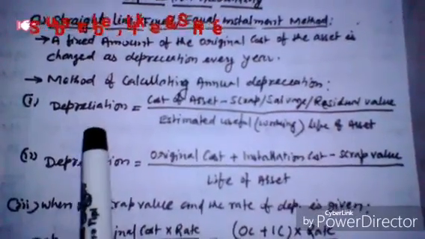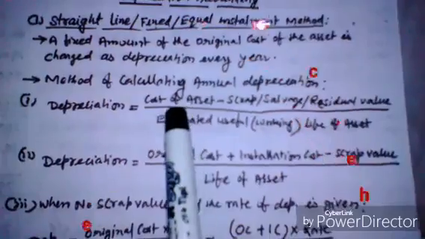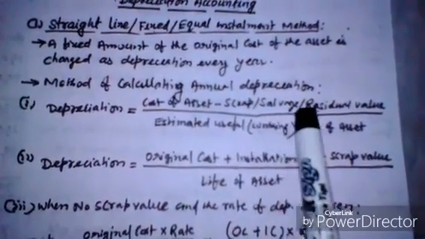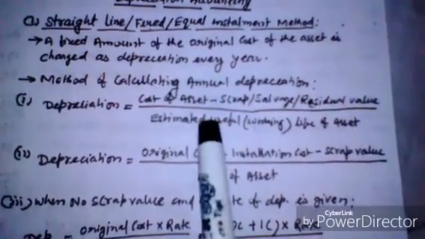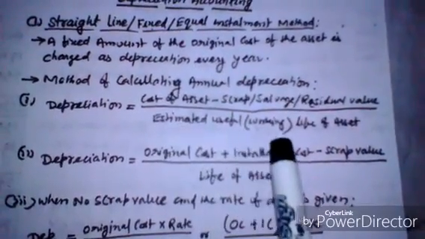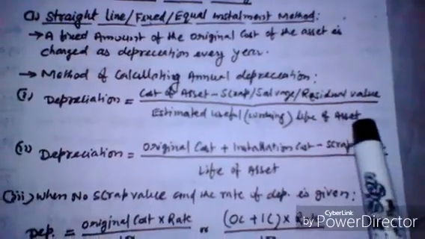First, depreciation is equal to cost of asset minus scrap value, or salvage value or residual value, divided by estimated useful, that means working, life of the asset.